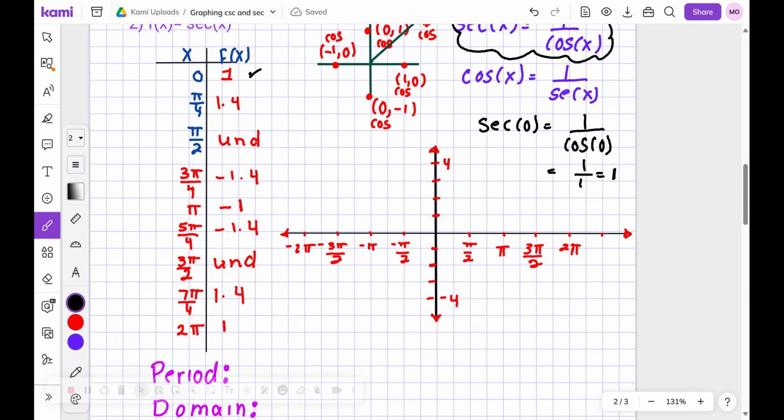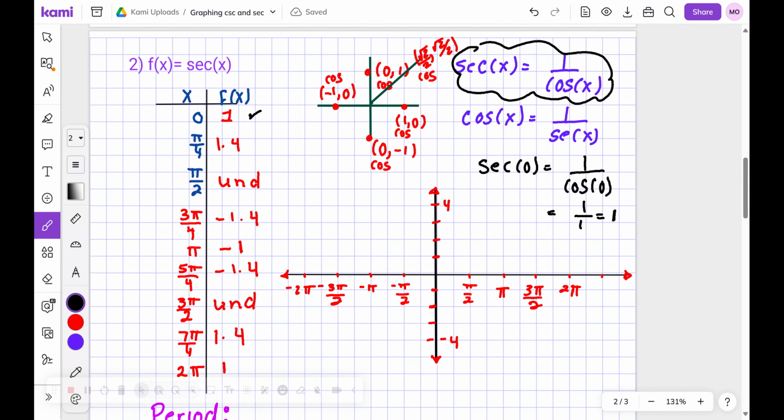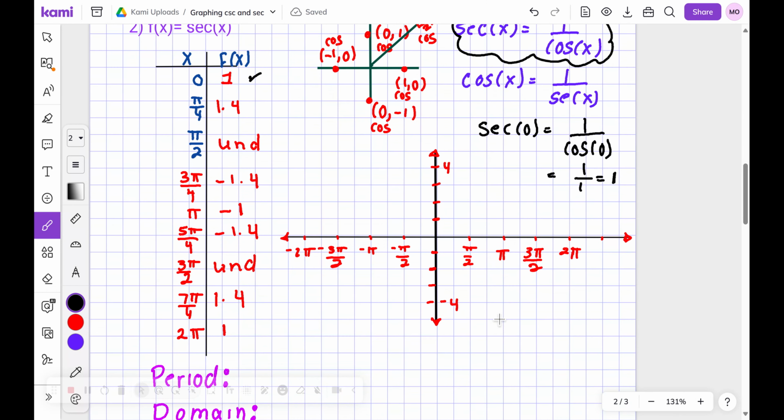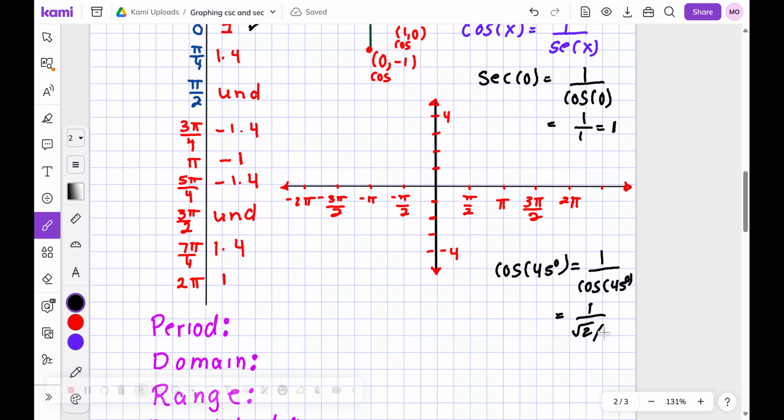Then if I want to do secant of 45, it is 1 over my cosine of 45, right? So cosine of 45 is radical 2 over 2. If I do the division, that will be 1 divided by radical 2 over 2, so you multiply by the reciprocal.